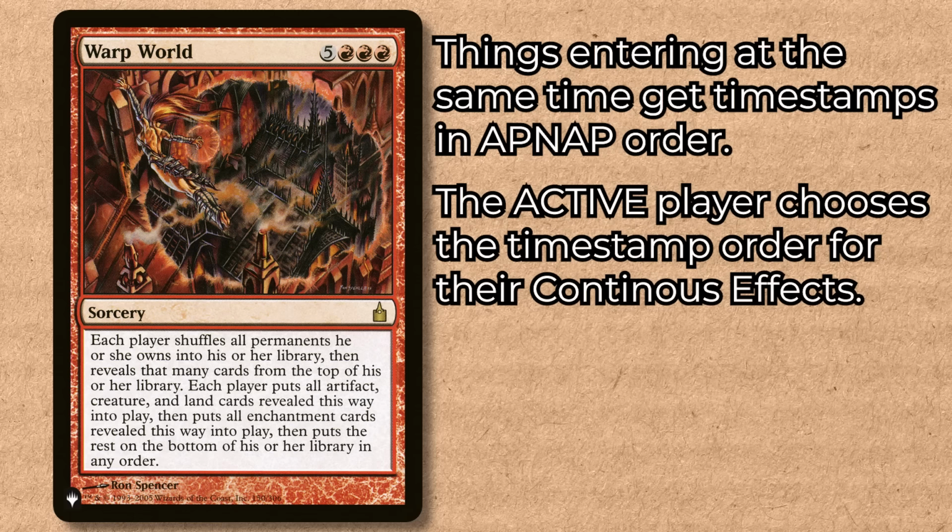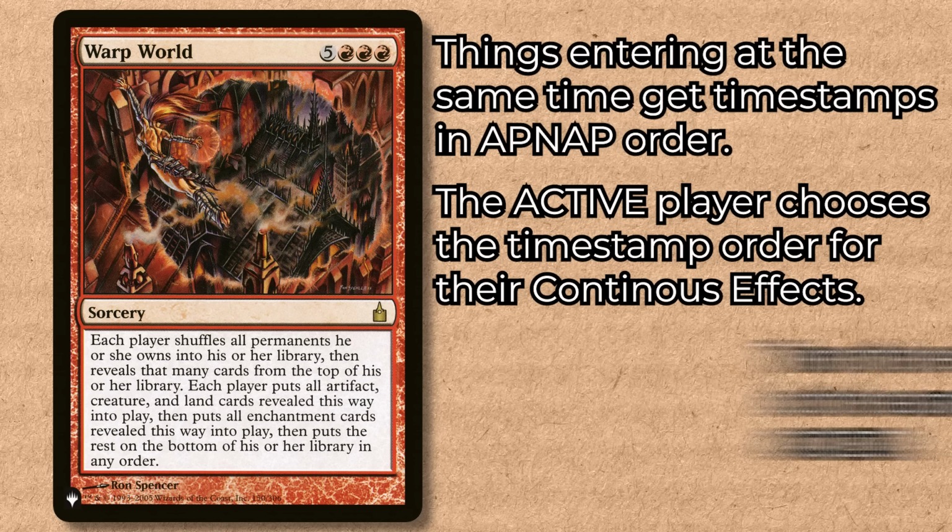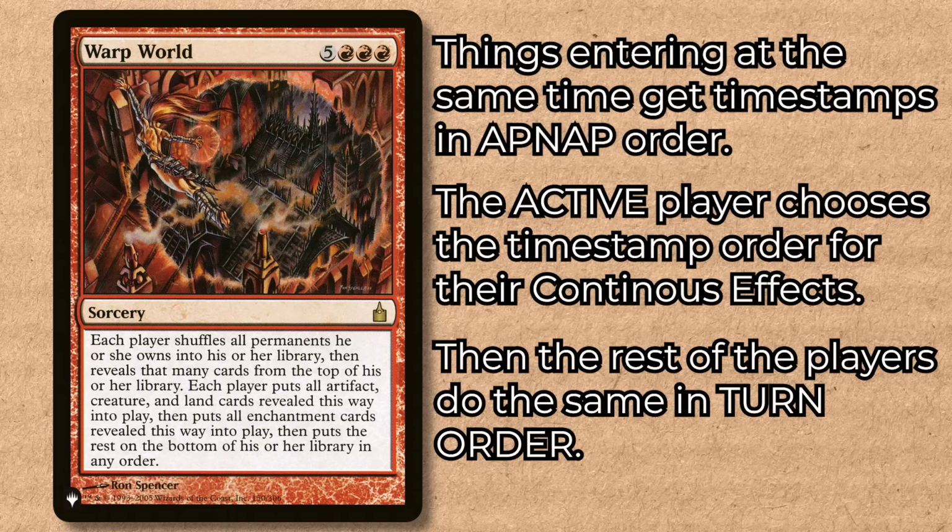So the active player chooses the timestamp order for everything they control that's entering, and then the next player in turn order does the same, and so on.